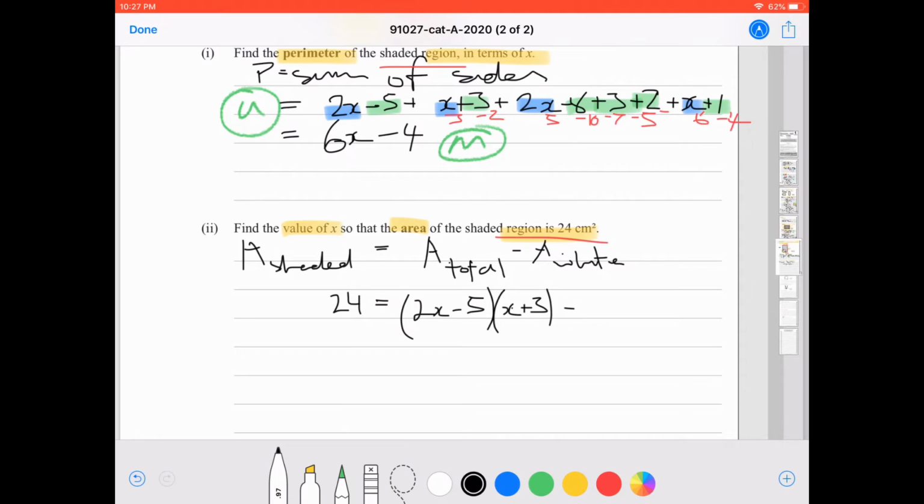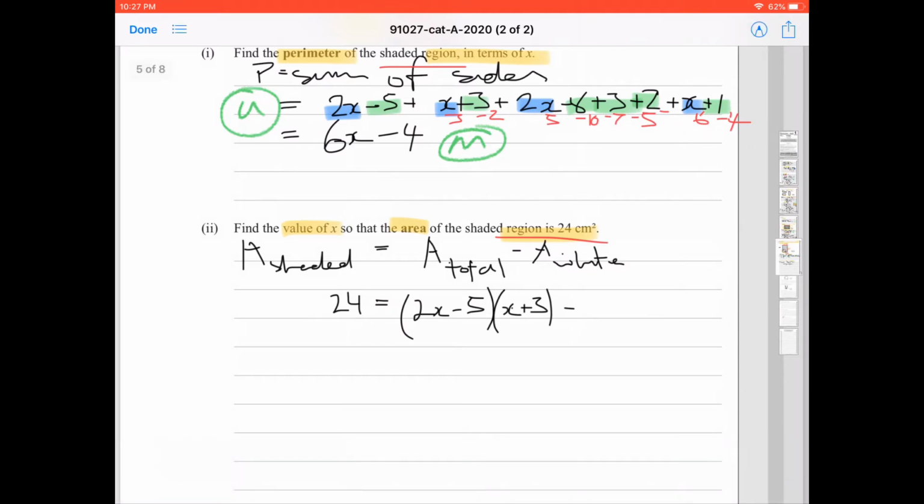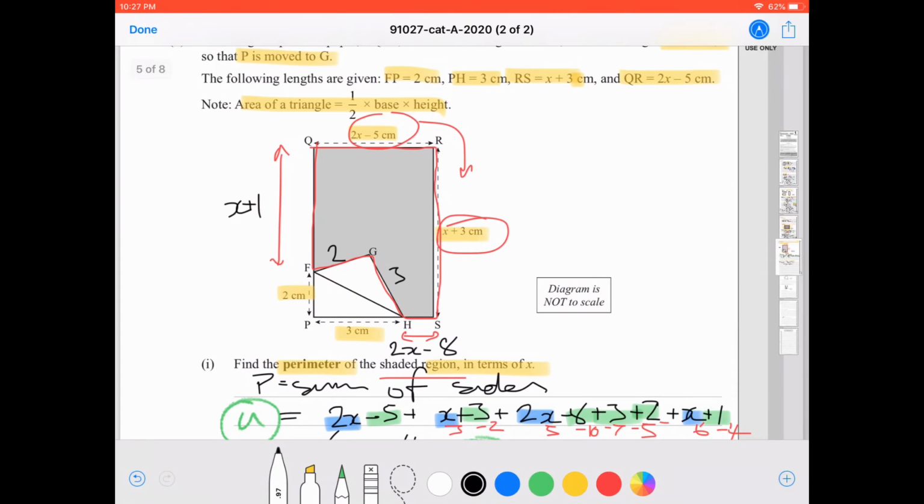And the area of the white, this region in here: we've got two triangles, and looking at this triangle, the area is half base times height, so half times 3 times 2.